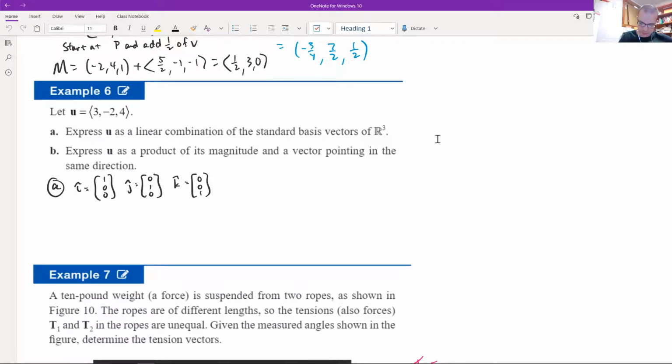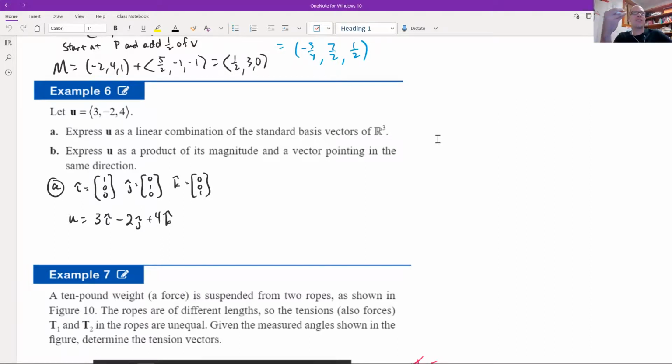And so if we wanted to express U as a linear combination of those vectors, we could just say U is 3 times i hat plus -2 times j hat and then +4 times k hat. No problem. We got it.